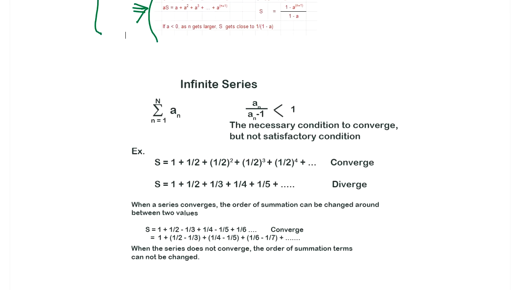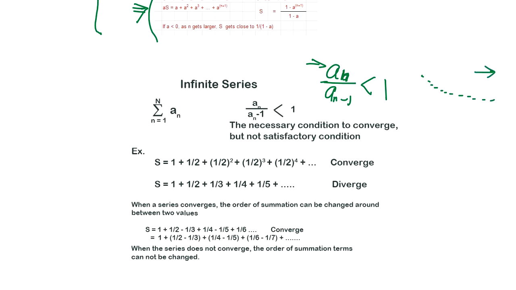Now, infinite series. When you add numbers infinitely many times, there is a condition that the series can converge for sure. That means a_n minus a_(n+1), the next term, should always be smaller. The numbers have to go smaller, smaller, smaller.